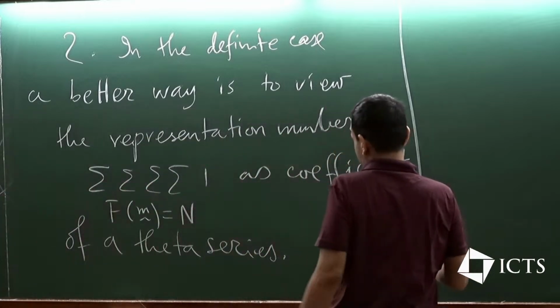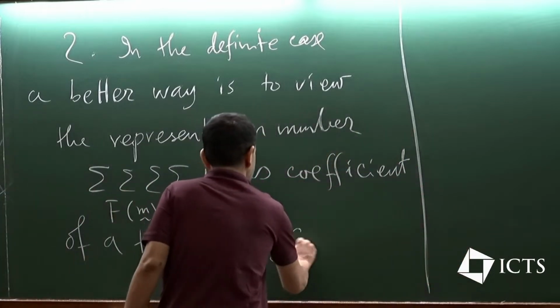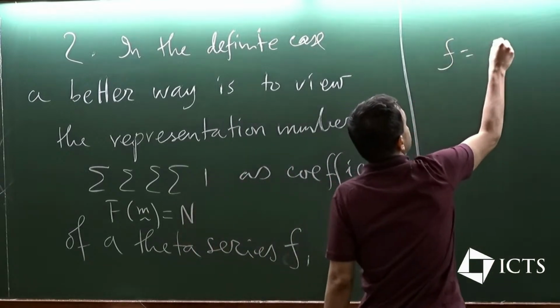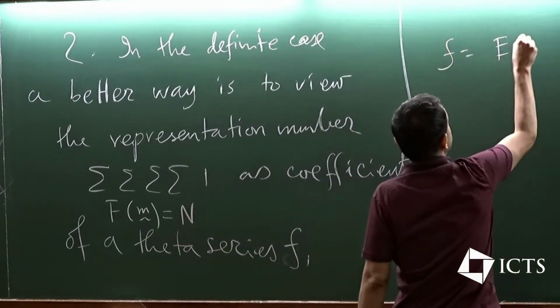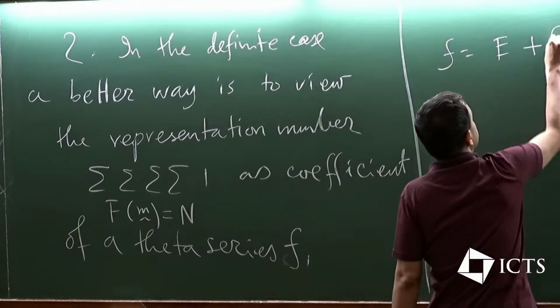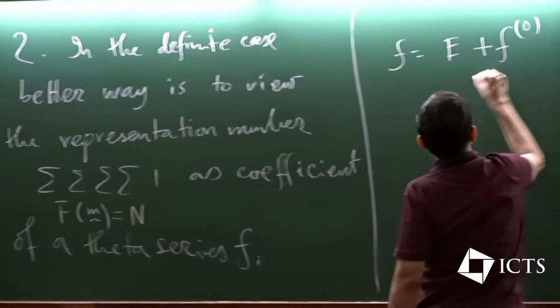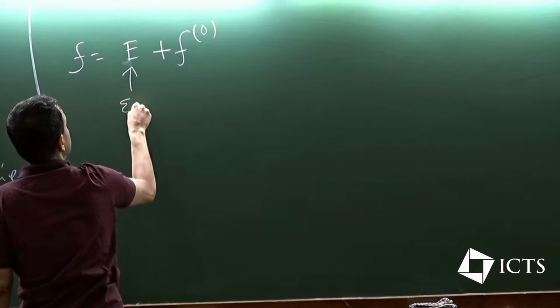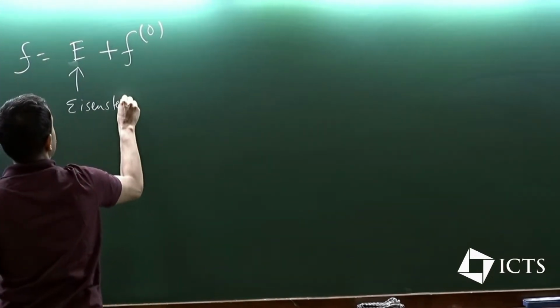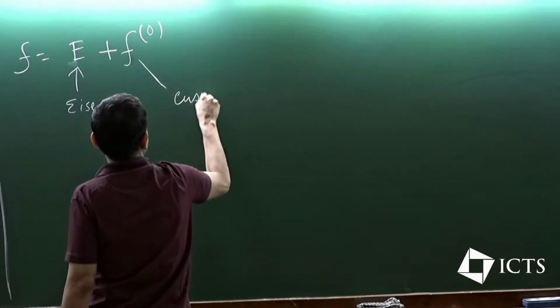So let's say we write theta as some E plus, let's say, f naught. This is the Eisenstein part, and this is the cuspidal part.